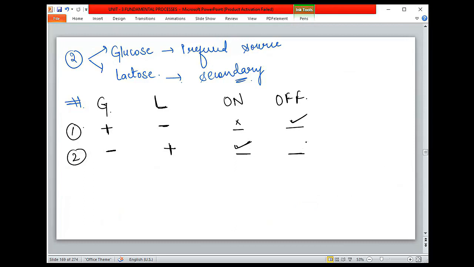Yes, in this scenario, it would be on. Now consider both of them are present. Glucose and lactose, both of them are present. What will be the scenario?